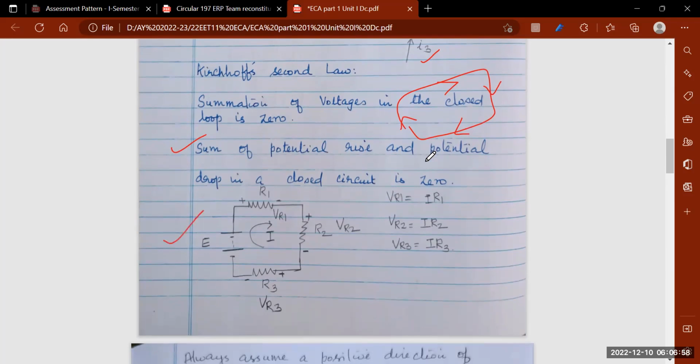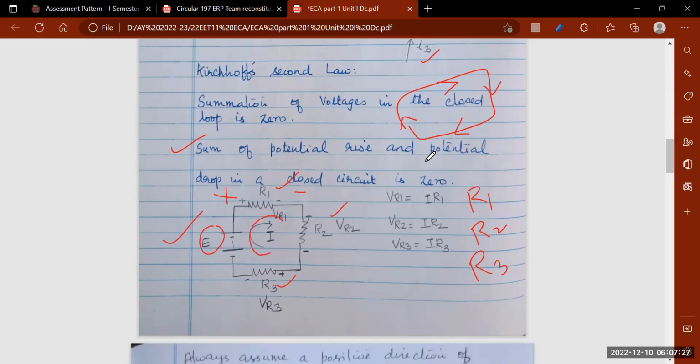I have taken a small circuit where E is the applied voltage, and R1, R2, R3 are the resistors, and we have to consider a sign convention for the passive elements. Passive elements means R1, R2 and R3, right? So current entering is positive, leaving is negative.